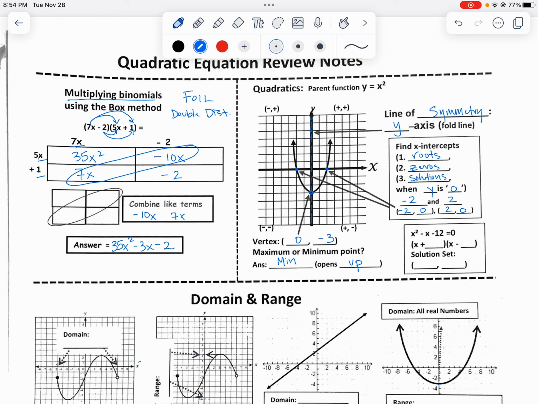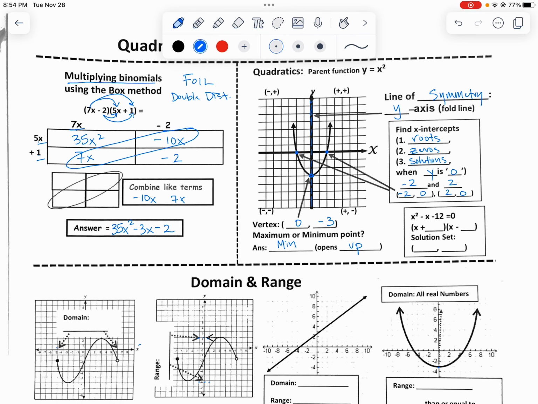Now, in this last little bit, we talk about factoring. And when the a term is 1, we'll talk a little bit more about this in a coming video, when the a term is 1, I'm using the product-sum method. So it's going to multiply to the c term and then add, or sum, to the b term.